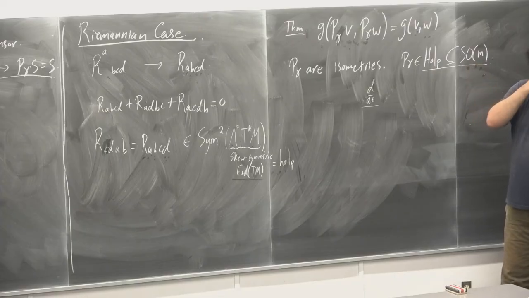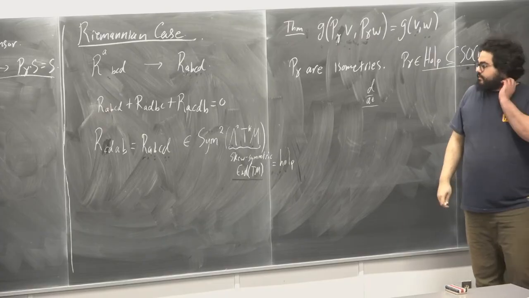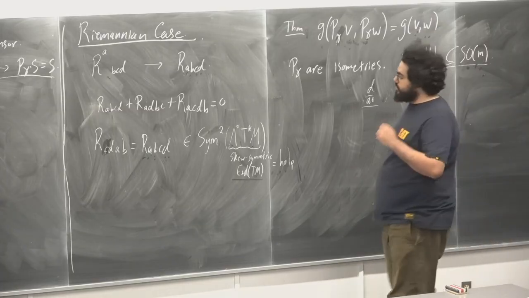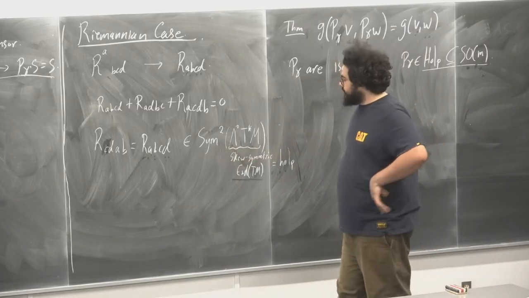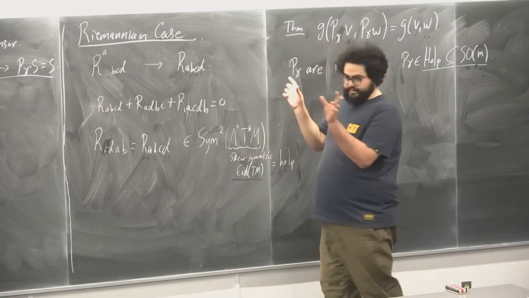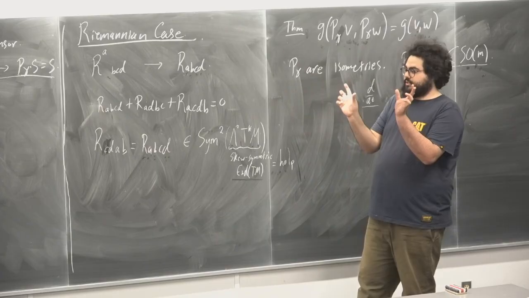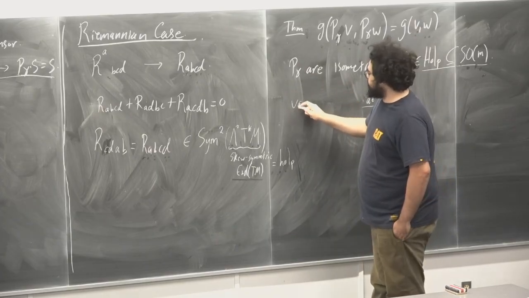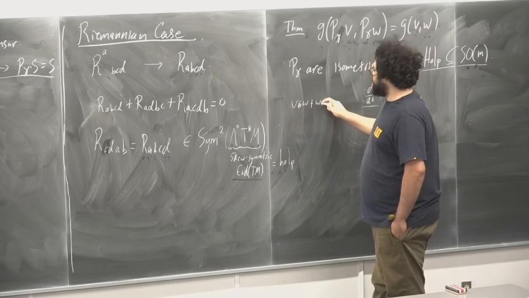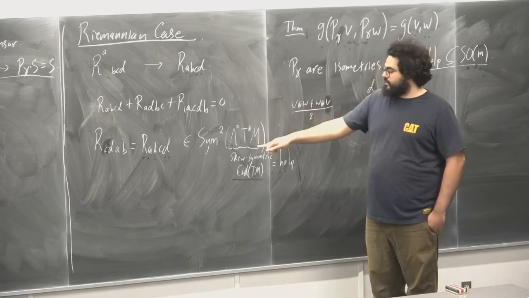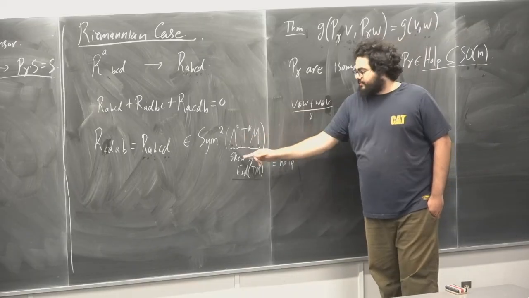Yes? For Sim2, you said if you swap two of the indices, you get that it's the same. What is the definition of Sim2? Sim2 is basically you take whatever is inside of here, you tensor product them, but symmetrically. So essentially instead of just doing V tensor W, you have V tensor W equals W tensor V. You have symmetric tensors in here for whatever this vector space is.